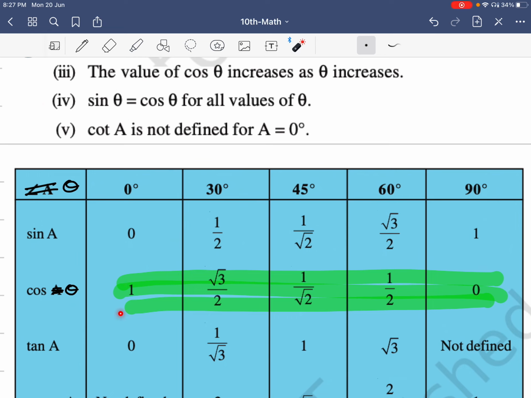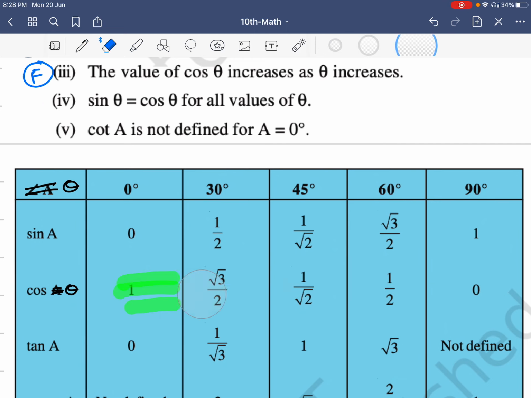So in fact the value of cos theta is decreasing as theta is increasing. It starts with 1 and it goes to 0 as the value of theta is increasing. So this statement that the value of cos theta increases is absolutely false. So I'm going to write here F, false. Now let's clear this before we go to statement number 4.